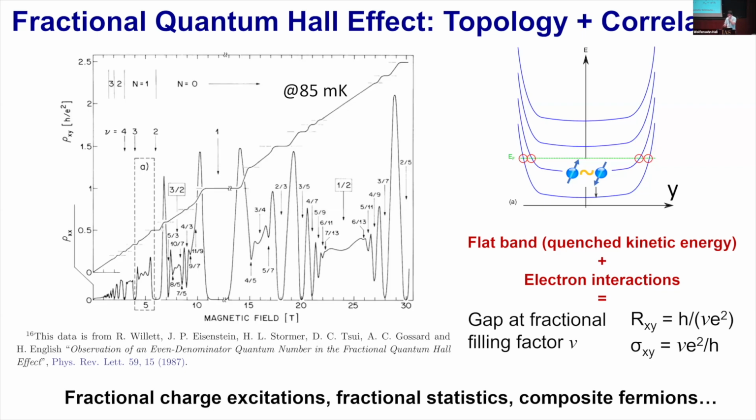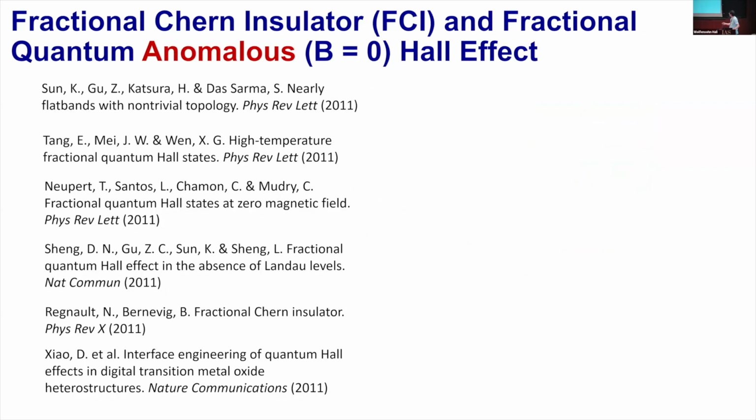Just like people were thinking about how to realize integer quantum Hall effect without magnetic field, there were also thoughts about how to realize fractional quantum Hall effect without a magnetic field. Okay, and there were a series of works back in like 2011.